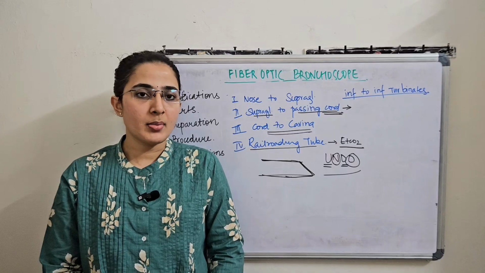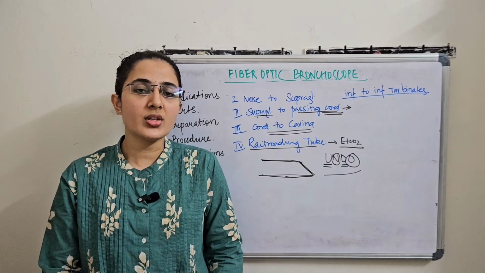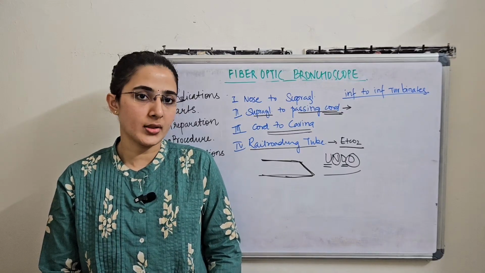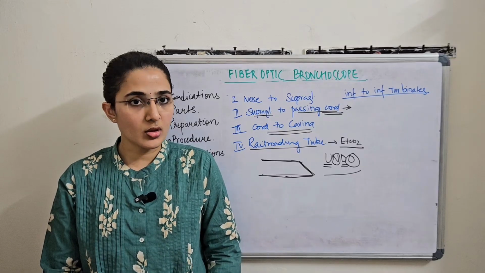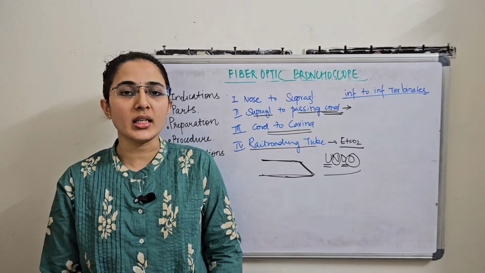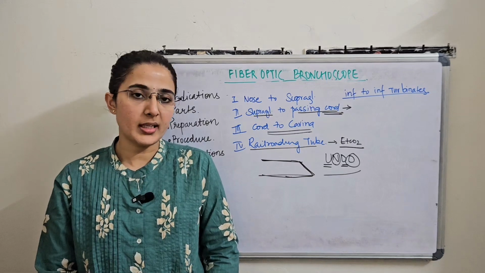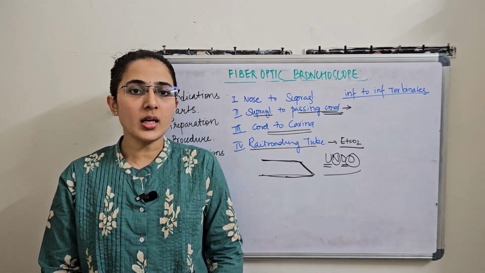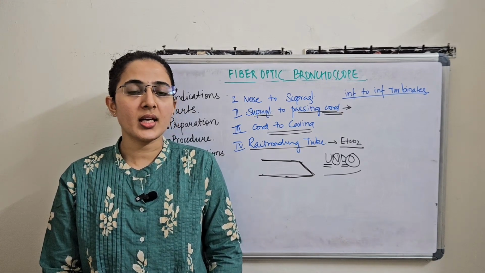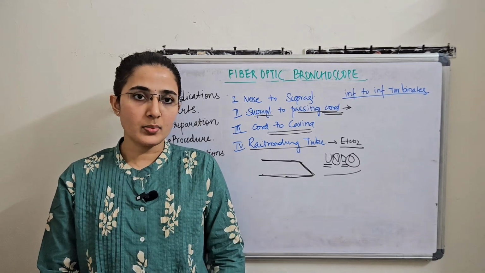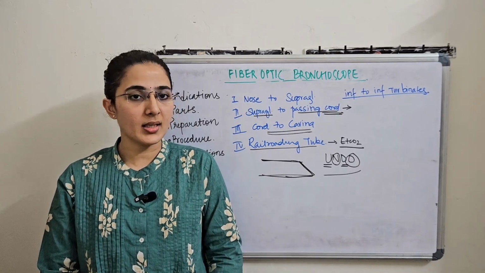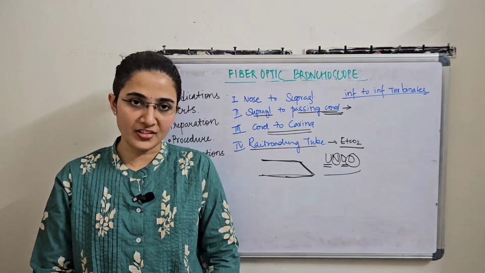Because this is a procedure done under vision, if the vision is very bad or obscured because of bleeding, it becomes very difficult to do a fiber optic bronchoscopy. Also, while using this fiber optic bronchoscope, experience matters a lot, especially in difficult airways.